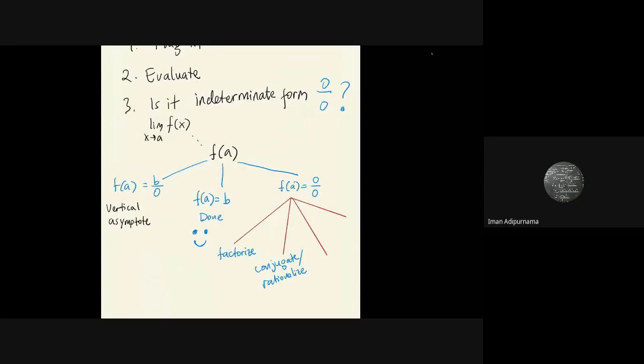The third is trigonometry identity. The fourth is approximation. I think we will not discuss this approximation. And the other part is called the L'Hopital rule. We will discuss L'Hopital rule after we go through a few sections. But for now, we are dealing with factorize, conjugate, and trigonometry identity.